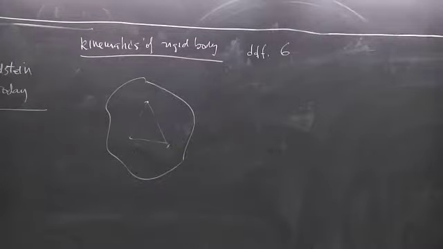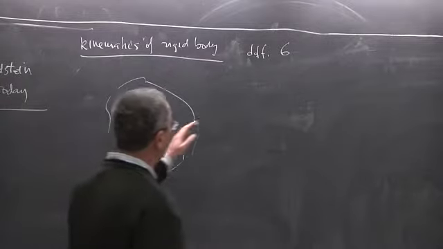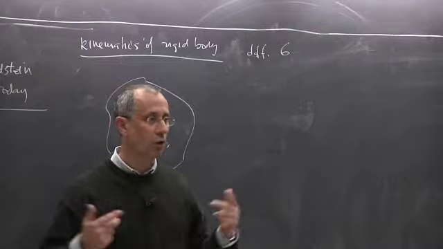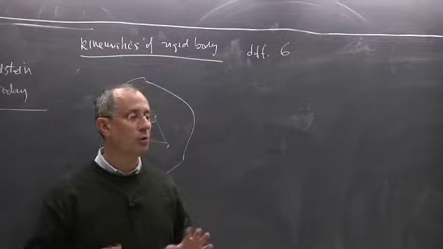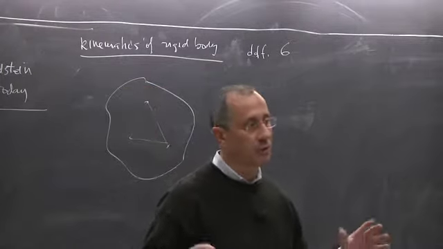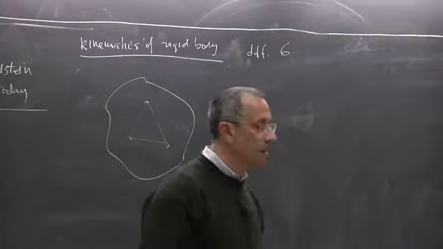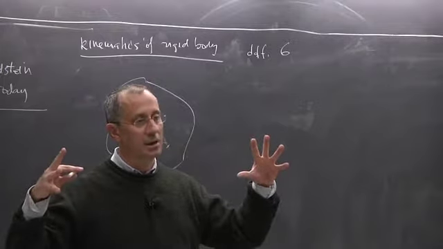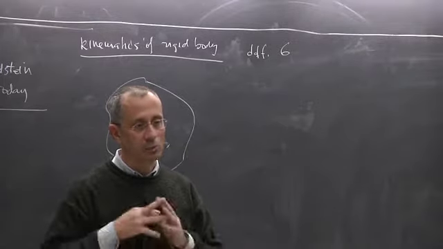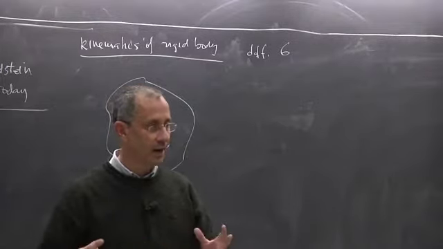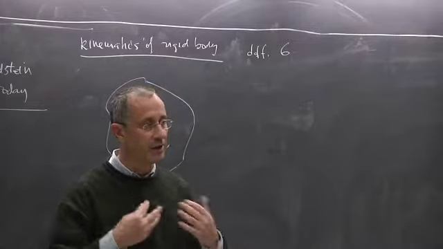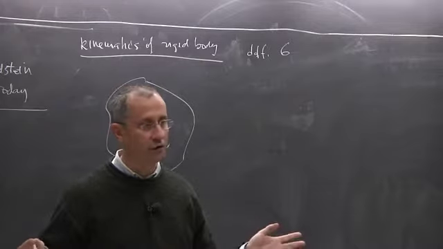Now, these are not just 6 arbitrary coordinates, because 3 of them, I said, are the center of mass coordinates. And those are not so interesting, right? Well, they are interesting, but those are as if you take all the mass of the body and compress it to a point, that is the center of mass, and then that point moves under the action of the external forces.